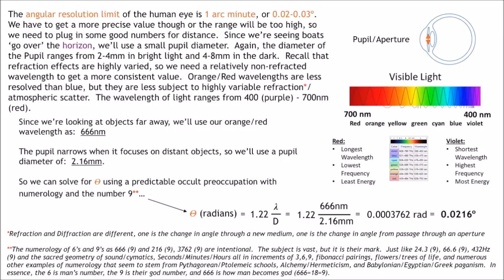There are Fibonacci pairings, flowers, and trees of life, and numerous other examples of numerology that seem to stem from Pythagorean and Ptolemaic schools, alchemy, Hermeticism, and Babylonian, Egyptian, Greek paganism. In essence, the 6 is man's number, the 9 is their God number, and the 666 is how man becomes God, as 666 is equal to 18, which is equal to 9. I won't go into that too much at this point. Just know that the numbers that I chose were purposeful.